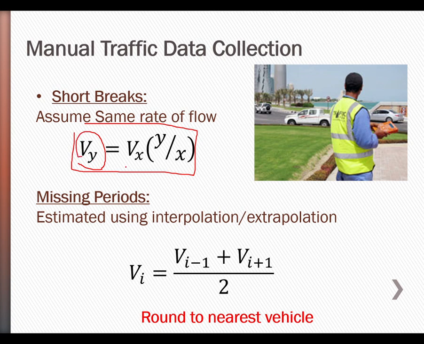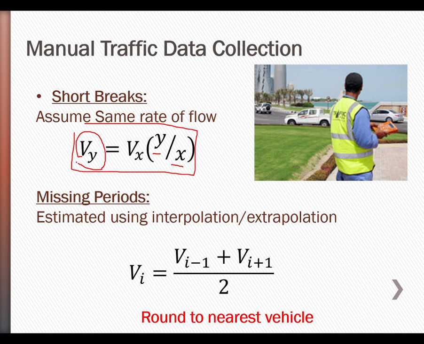For the missing time, we use the one before and after. So here we assume the same rate of flow happens for this missing time, and we just try to fix this. Y and X here are the times where they worked. Let's say they had a break for 3 minutes out of 15 minutes. So we just need to fix the time with the one before or after, or the one you have right now.